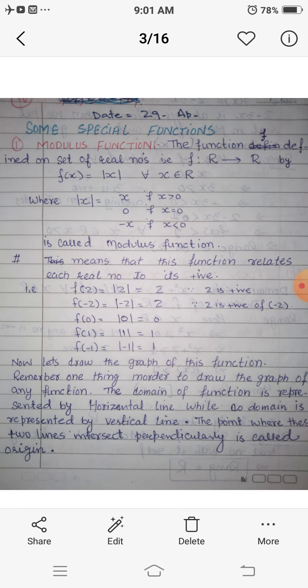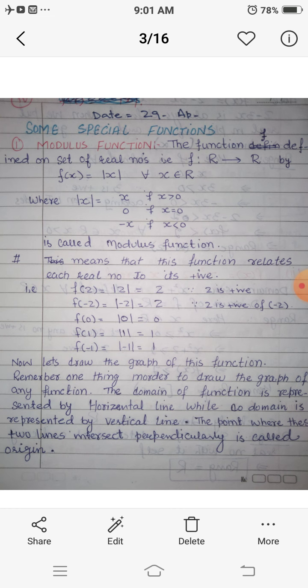You know that a function is simply a rule from one set to another set, or a function is simply a subset of A cross B with the given properties. Now the functions which we will discuss are usually real functions.